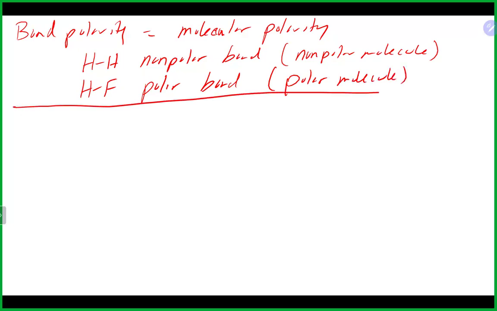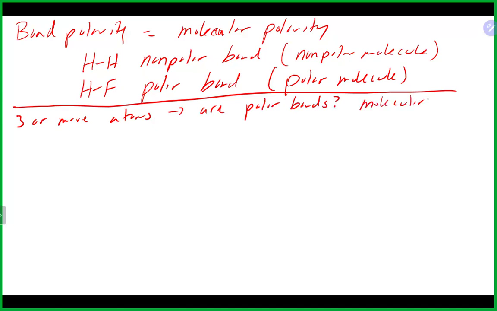When you get to three or more atoms, you have to look at two things. You have to look at, are there polar bonds, and the molecular geometry of the molecule, or the shape of it.